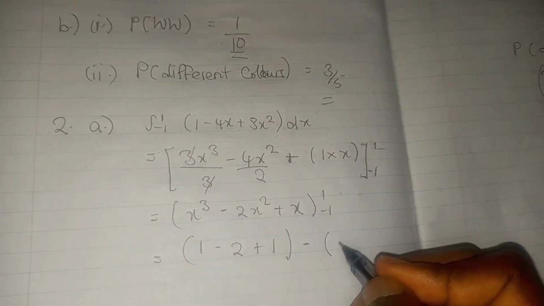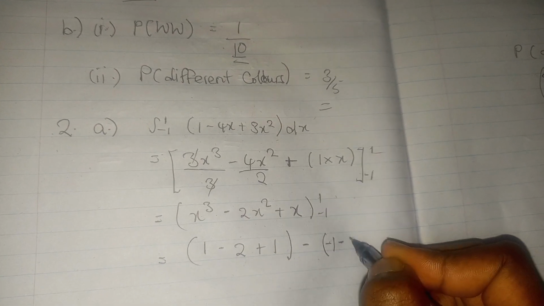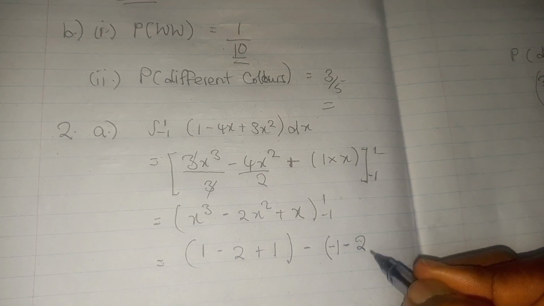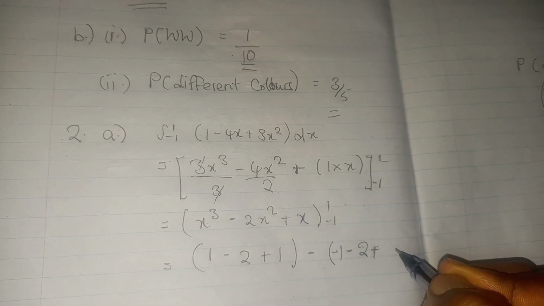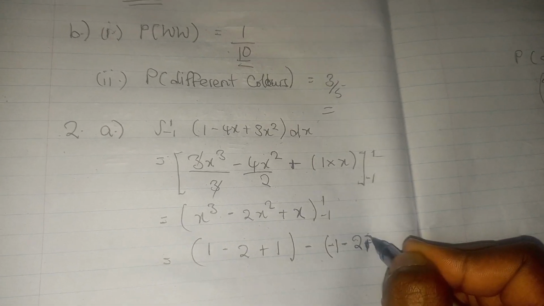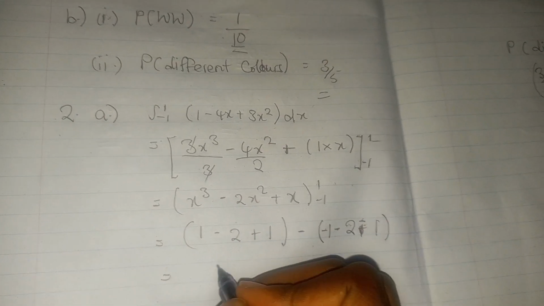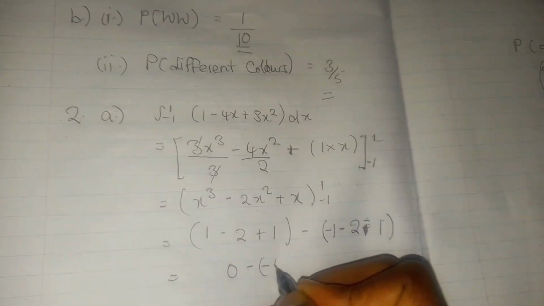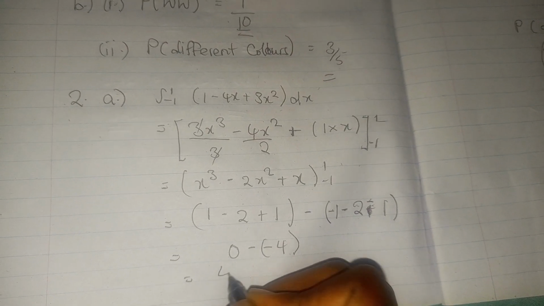So minus 1 cubed is going to give us minus 1, minus 2 times minus 1 squared is going to give us 1, and then multiply that by minus 2, it will give us minus 2. And then sorry, this will be minus 1. So this is going to give us 0 minus 4, which is going to be equal to 4.